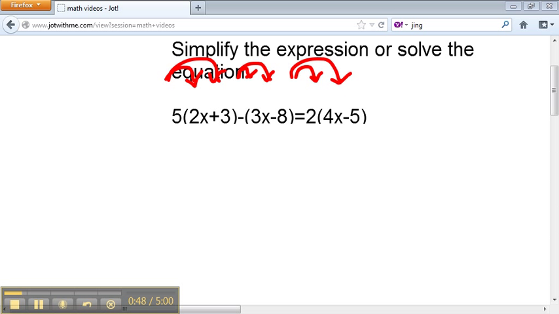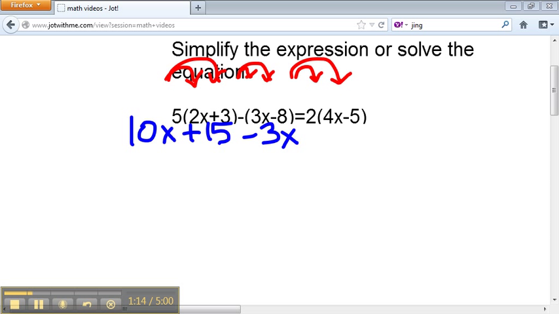So when we do that, we get 5 times 2x is 10x. 5 times 3 is 15. Negative 1, because that's an understood 1 where the negative sign is, times 3x will be minus 3x.